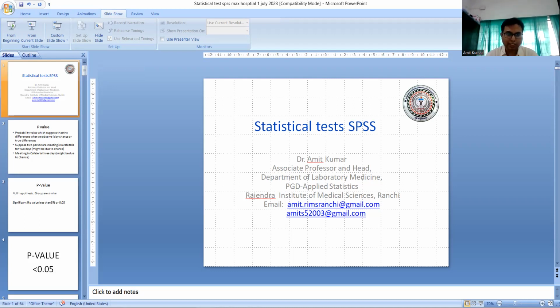Suppose many drugs are already available in the market, a new drug is there, and you want to test which one is better, and right from the beginning you don't know the direction. In that scenario, you should apply a two-tailed test. So this is the basic difference: one-tailed test if you know the direction of the effect, two-tailed test if you don't know the direction of the effect.